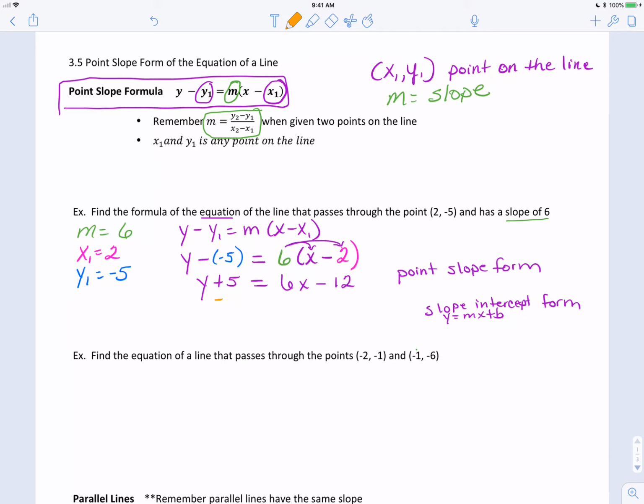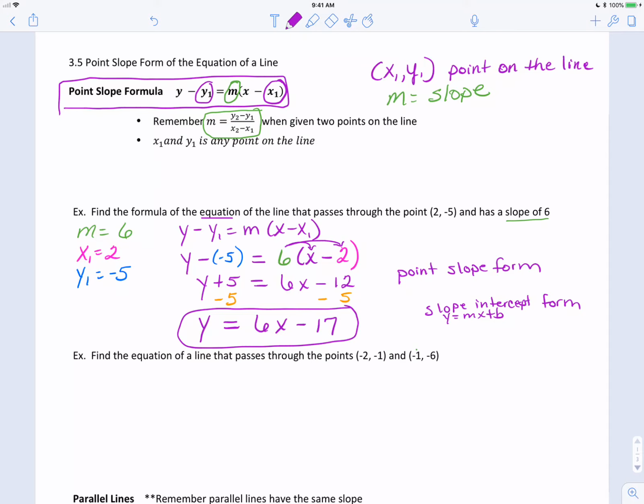So we subtract 5 from both sides, because it's a plus 5 in the equation. We combine it with the -12, not the 6x, because they are not like terms. This gives us y equals 6x minus 17, and that is the equation of the line.